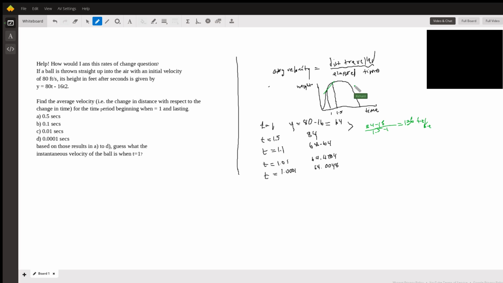Okay, so that's the first one. The next one is we're moving a little closer to the starting point. So the starting point was 1 second in, and we found the velocity to 1.5 seconds. But what if we just move a little closer? The next one would be 1.1 seconds, and that would be yet another line here, something like that.